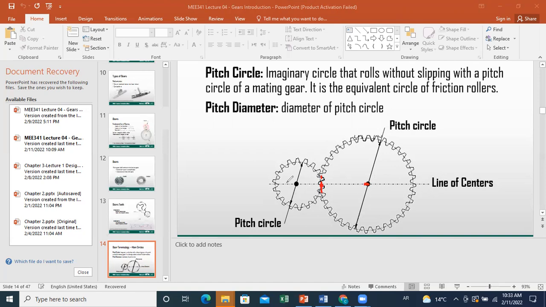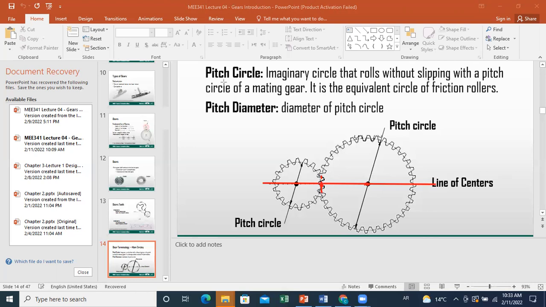Whenever you have gears in contact, you can define what is called the line of centers, which is joining your centers. You will have at least one contact point. We'll see that in contact, you not only have one contact point, you have several contact points between teeth, and at least one of the contact points will be along the line of centers.